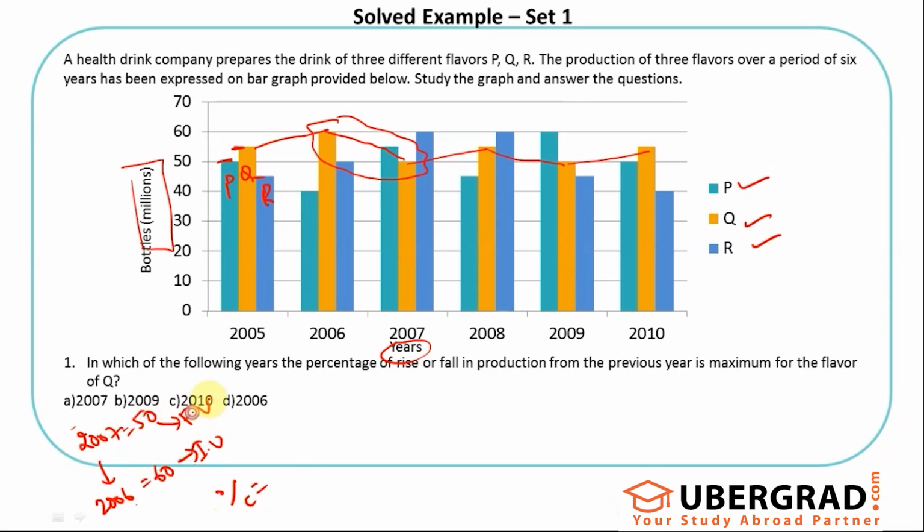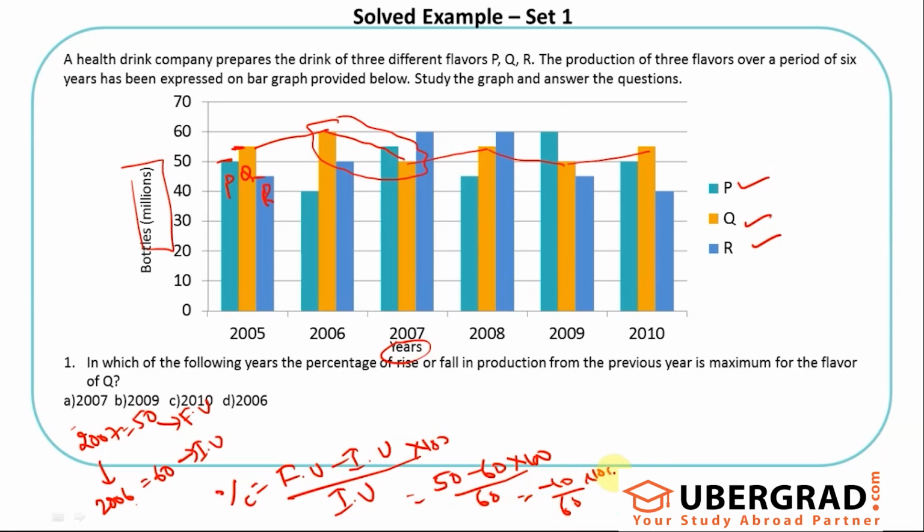This is my final value. Percentage change is final value minus initial value by initial value into 100. So this will translate into 50 minus 60 by 60 into 100, so that is basically minus 10 by 60 into 100. This will be minus 16.66%. 100 by 6 will be 16.66%. So I am seeing a decline of 16.66%.